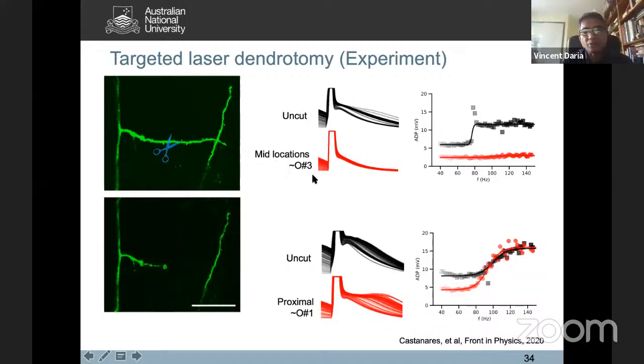This is equivalent to oblique dendrite 3 in the model. You see that there's no more step response in the ADP, and there's also no step response from the frequency plot of the ADP. If we cut the dendrite that is closer to the soma, you can still see a step response from the ADP.